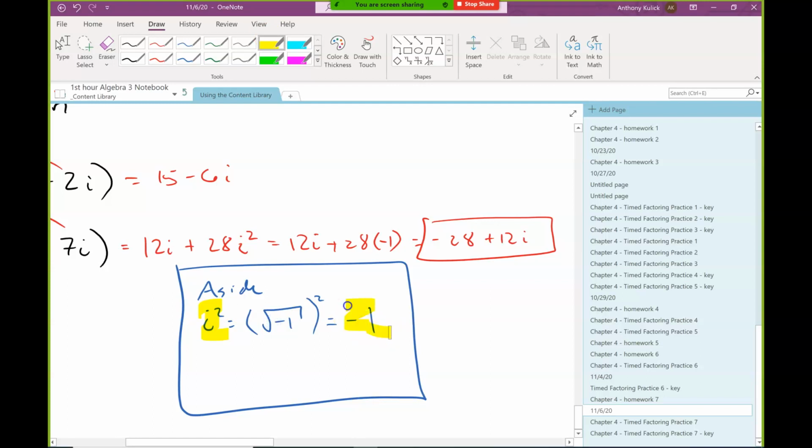So this will be an important piece that we'll use a lot when we do multiplication, because we're going to get i squareds frequently, right, when we do multiplication. So far, so good? Okay.